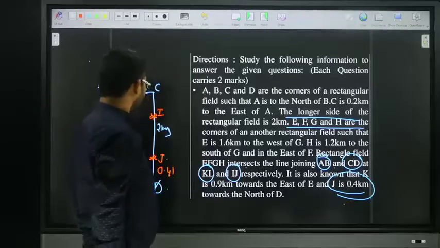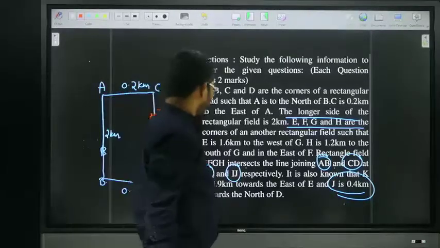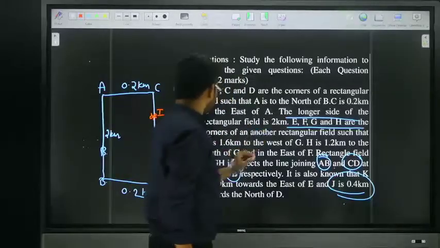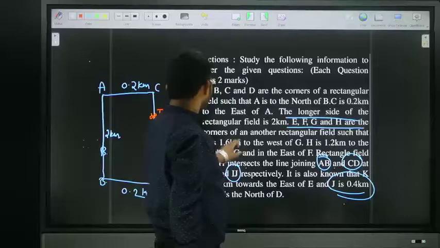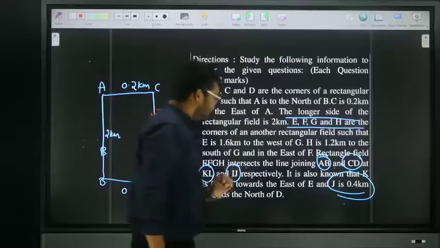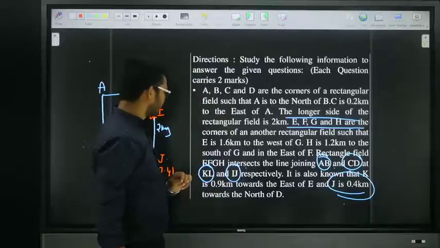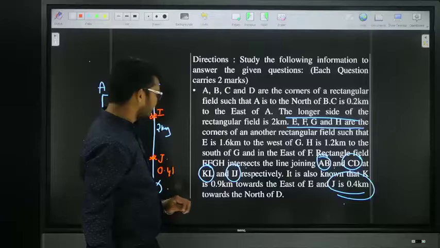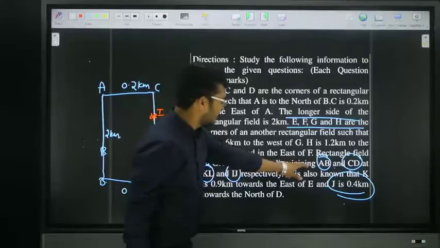See here. Next, friends, here the measurement is what? EFGH are the corners of another rectangular field such that E is 1.6 km to the west of G. H is 1.2 km to the south of G and the east of F. The rectangular field EFGH intersects the lines joining AB and CD.